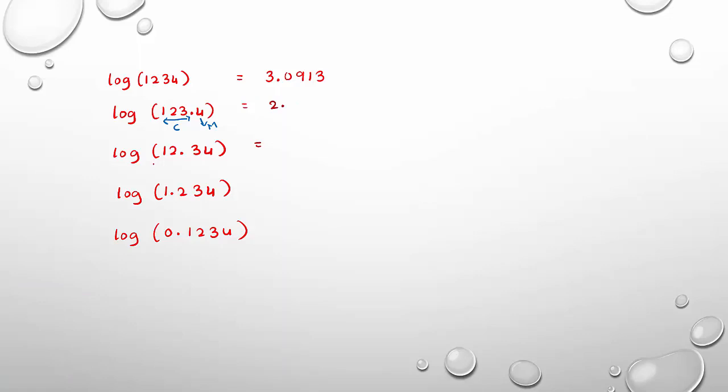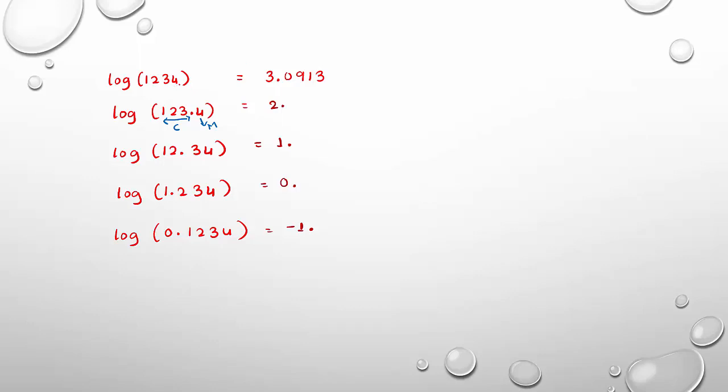Here also, how many digits before the decimal point? 2 digits. 2 minus 1 is 1 point. Here, only 1 digit. 1 minus 1 is 0 point. Here, there are no digits, so it is like a 0. That means no digits on the left side of the decimal point. So 0 minus 1, we get minus 1 point.